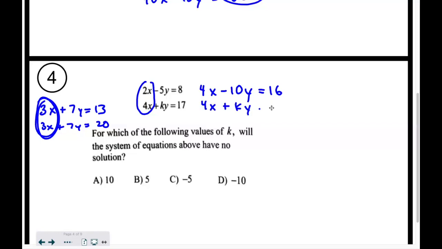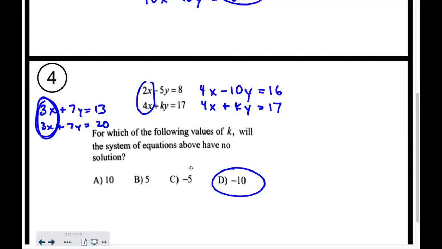And I'm going to look at it from the perspective of, well, what value of k would make it so that these are exactly the same? And that's simply negative 10, right? If I imagine replacing k with negative 10, I'm going to have 4x minus 10y for both of these, but yet they're going to equal different numbers. So that would give us no solution. All right, so that's why I think if you were able to do that real quick, you could get it even quicker than using Desmos with a slider and checking the answers.